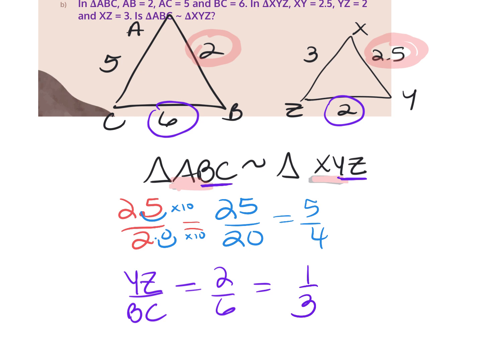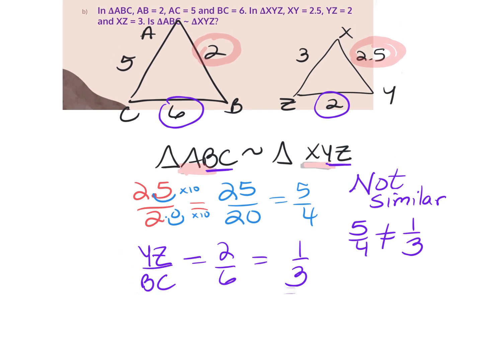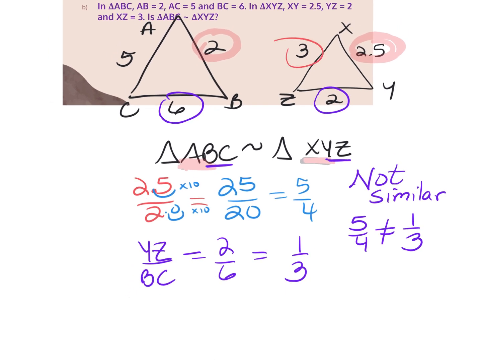Soon as you find 2 ratios or 2 corresponding sides that are not equal, you can stop and say that these are not similar. Your explanation is going to be this work of how you show that the ratios are different. Even if you would have done XZ to AC, this one is also different. And again, it's not equal as well.